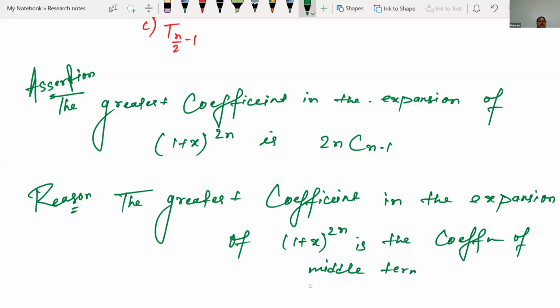Now we have only just discussed this concept. Can you please tell me which is the case: assertion is right, reason is right, both are right, or both are wrong? What is the case?